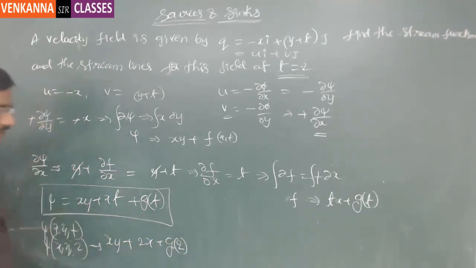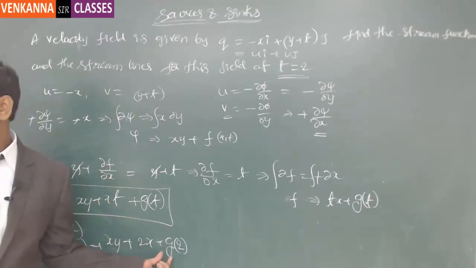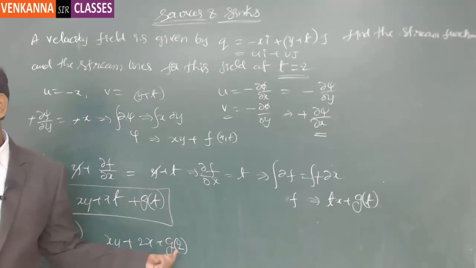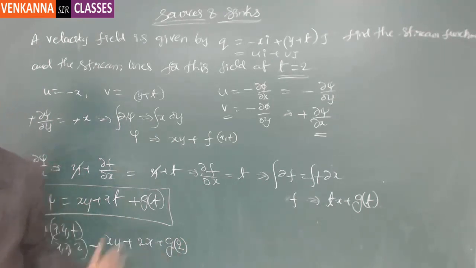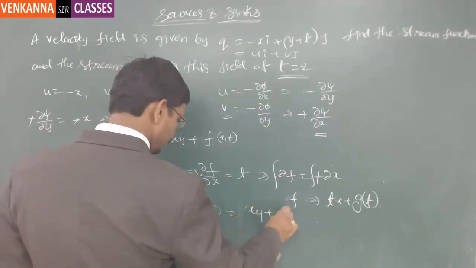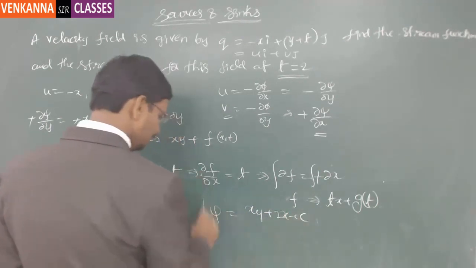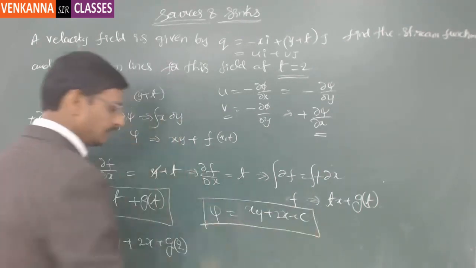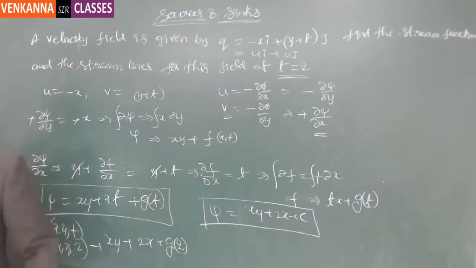So g of 2 is a constant, because it is independent of every other variable except time, and t is now fixed to a constant value of 2, so this will be a constant function. Now psi is equal to xy plus 2x plus constant. So this is the streamline equation at time t is equal to 2.